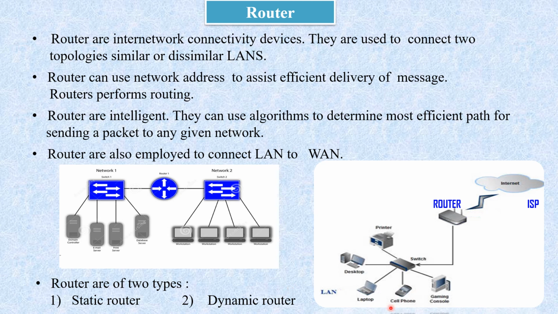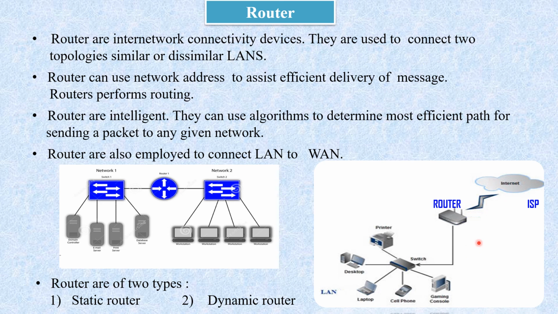If we want to communicate among all these computers in a local area network, then a hub alone is sufficient. But for internet connectivity, we have to establish communication from our network to an external network, that is the internet. We need the help of an internet service provider.